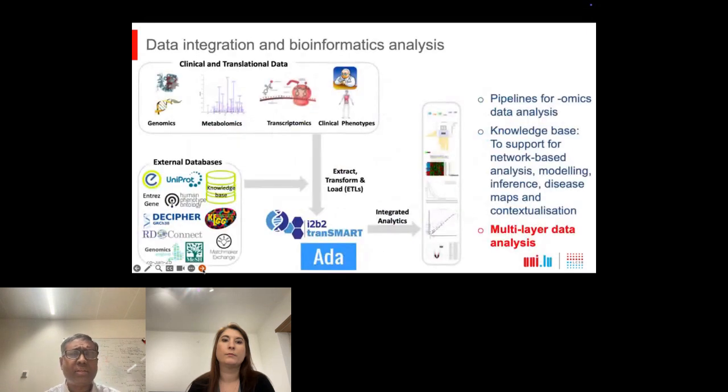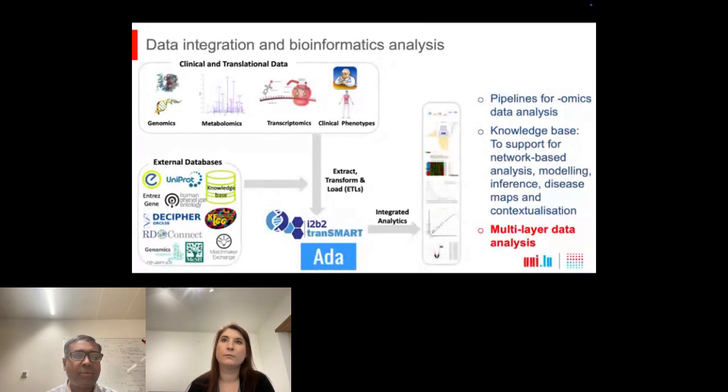Then the next thing is, once you harmonize and standardize the data, we need to bring all these pieces together, what we call data integration. On the top layer, you can see the data coming from the NCER-PD cohort, let's say. And on the other side, we have a lot of data available in external databases. There is a lot of knowledge in KEGG or UniProt, and many NCBI resources.